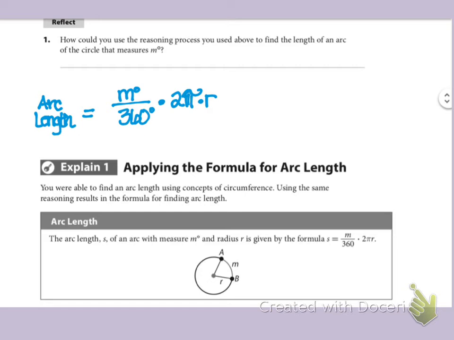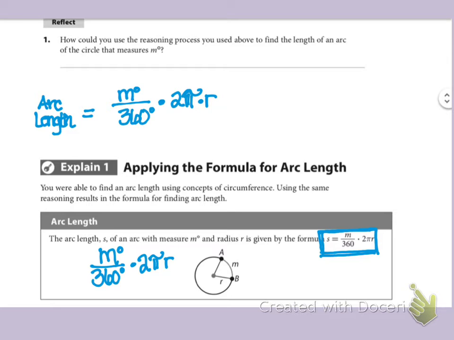They call arc length S. Not sure where the S comes from, but anyway, they use that variable, and it's m divided by 360 degrees times 2 pi r. So I'm going to write that a little bit bigger: m degrees over 360 degrees times 2 pi r.